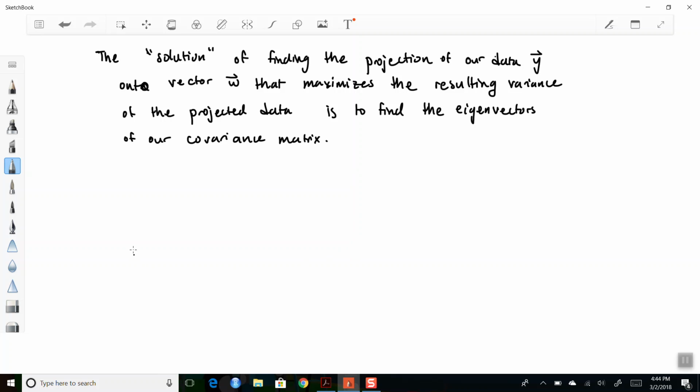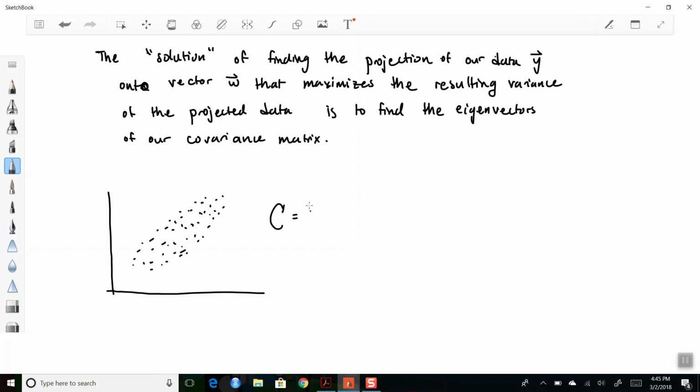Okay, so let's say you've got some data, and let's say it's normalized. All right, so if we look at our covariance matrix, maybe we have something that looks like this. Maybe we get 1, 1, and 0.7, 0.7.